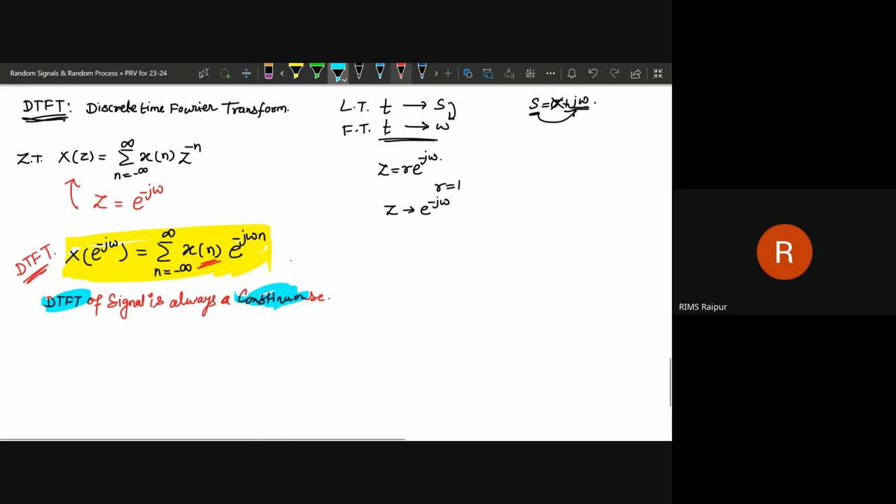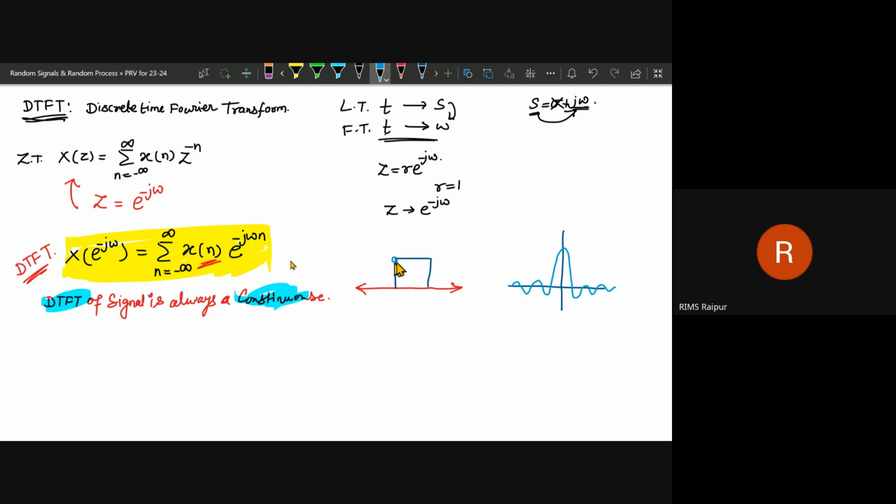Correct. Suppose let me explain with one example. How many of you remember the Fourier transform of the gate function, or the rectangular pulse? Can anyone tell me how it looks? No one? So it basically looks like this, a sampling function.